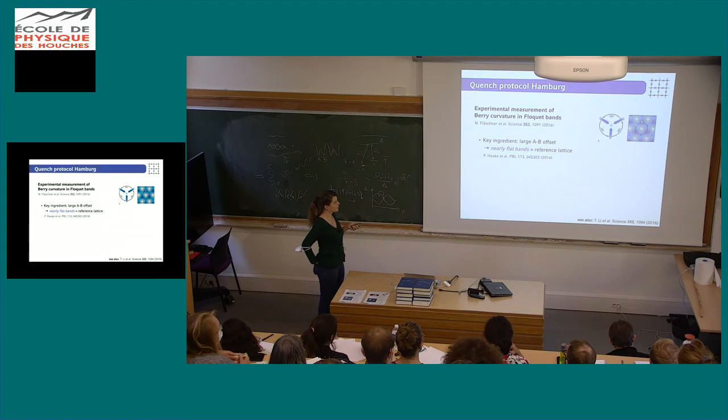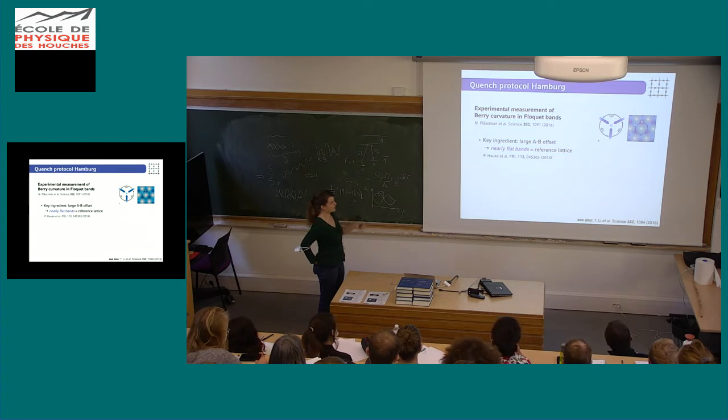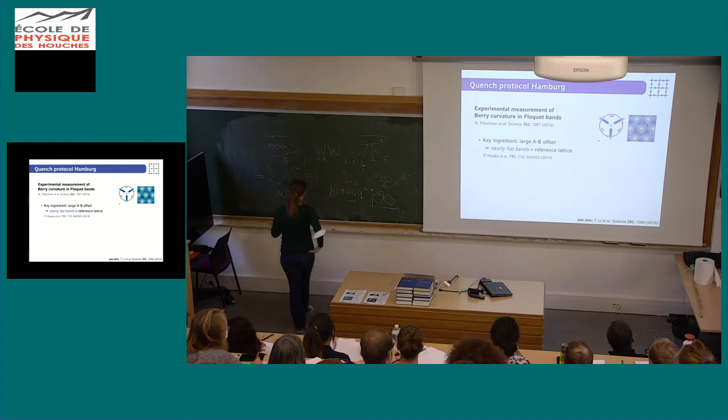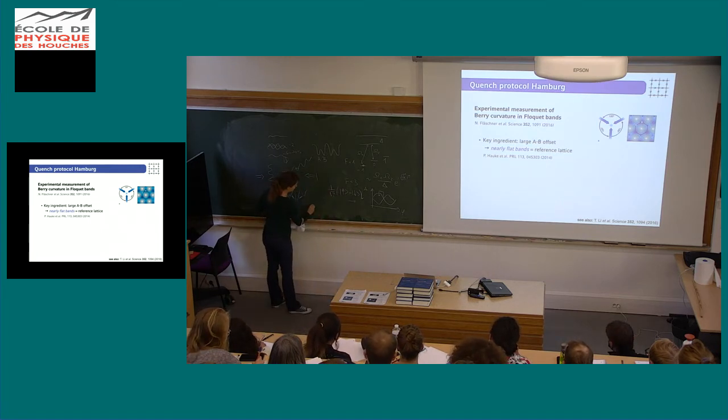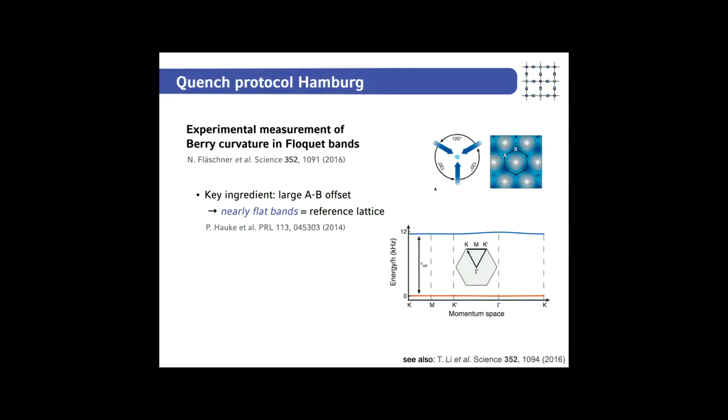Now, something that I've mentioned briefly is if you make this sublattice energy offset between A and B sites very large, then essentially the ground state is in the lower potential energy site, here B, and the excited band will be at all atoms in sublattice A. And in this limit, if you make the tilt very large, you have essentially two flat bands that are separated roughly by delta AB. And this is what they use as a reference for their scheme.